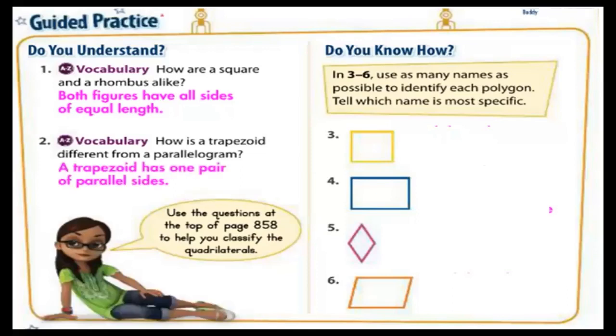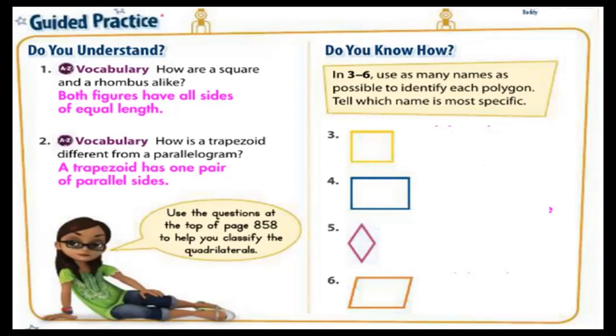A trapezoid has one pair of parallel sides, just only, and I mentioned more for you. Write the simple answer and move to question number 3 on the same page, guided practice. In 3 to 6, use as many names as possible to identify each polygon, then say which name is most specific.